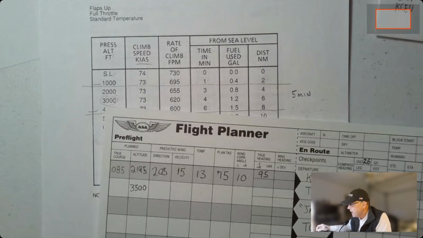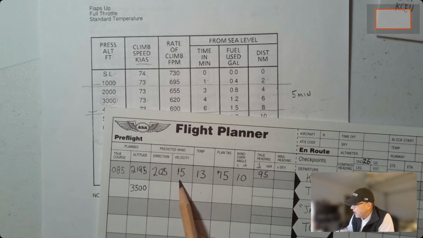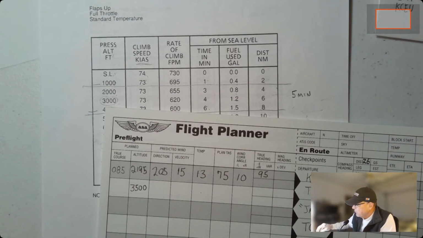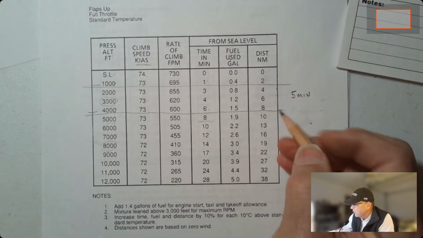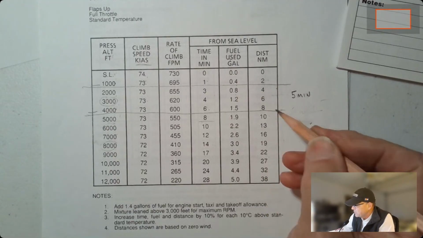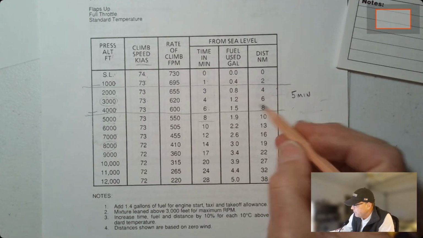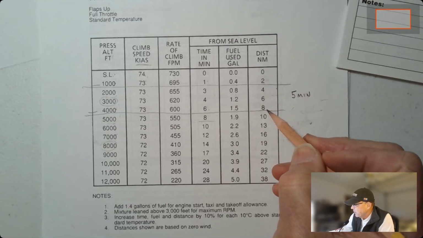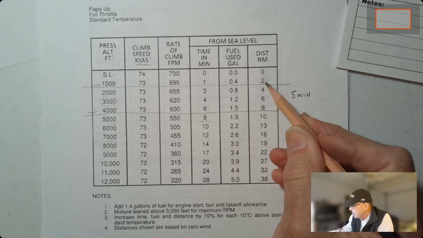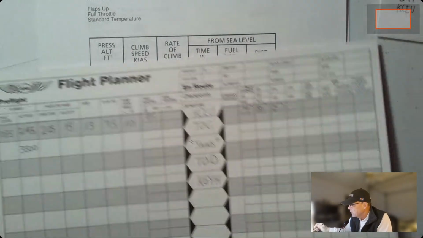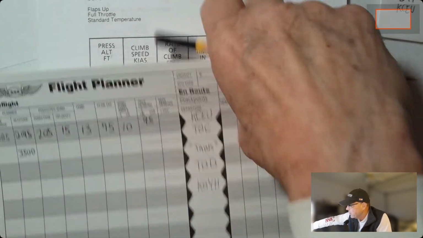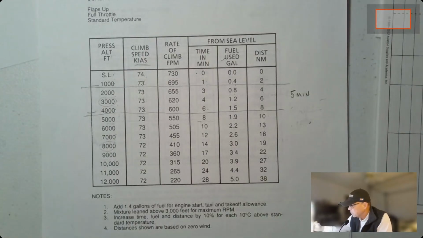In fact, we had 15 knots blowing out of the southwest, and it was a tailwind because we were headed east, right? So we're going to cover more distance than what would be indicated on this chart for zero wind. As a matter of fact, if you look here, it says 8 minus 2 is 6 miles, and what we calculated was 7 miles. So the wind did blow us a little further down.